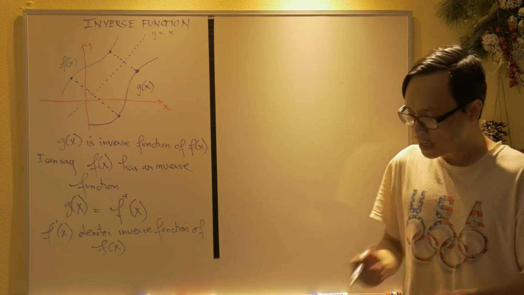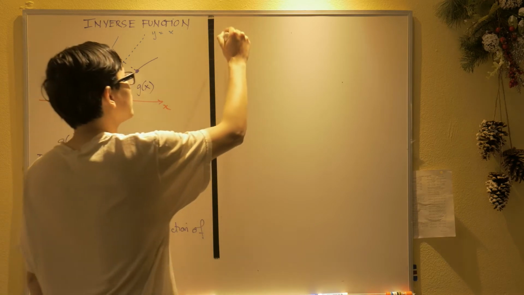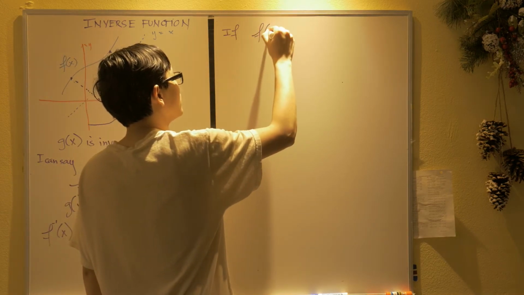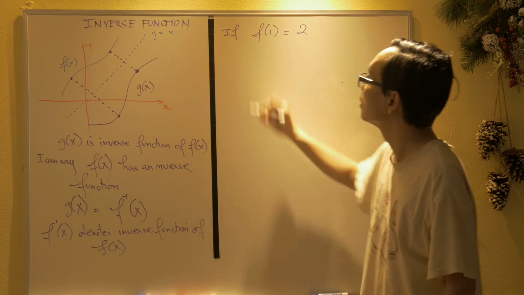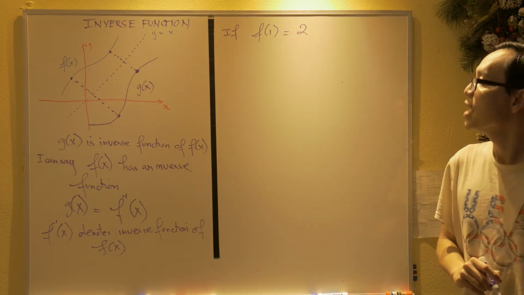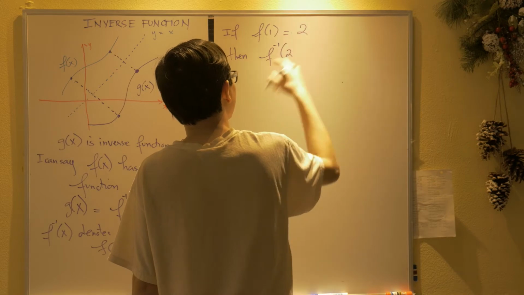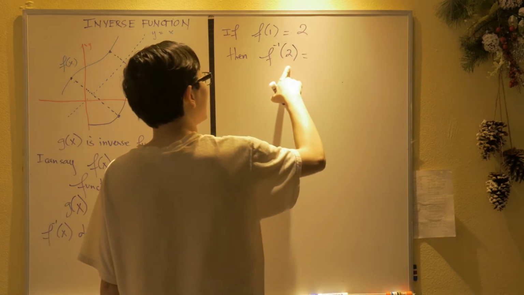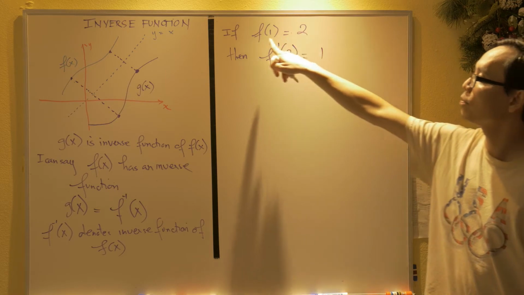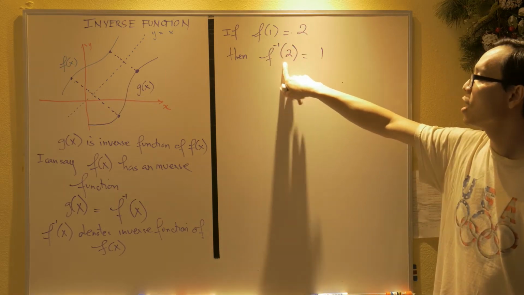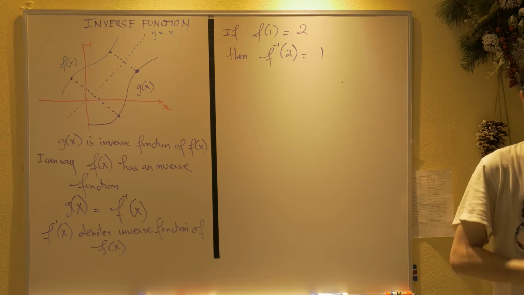What I mean is that if f of 1 equals 2, so 1 is the input of f of x and 2 is the output of f of x, then f inverse of 2 equals 1. So the output of the original function becomes the input of the inverse function, and the input of the original function becomes the output of the inverse function.